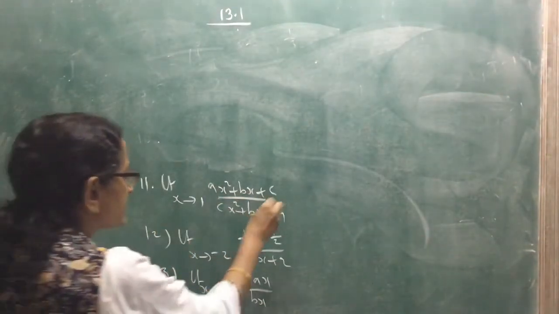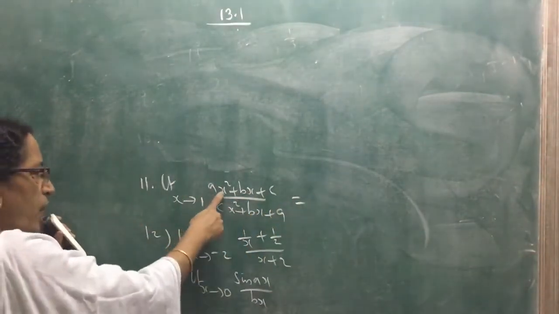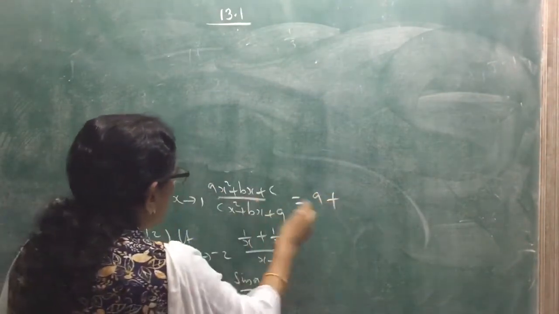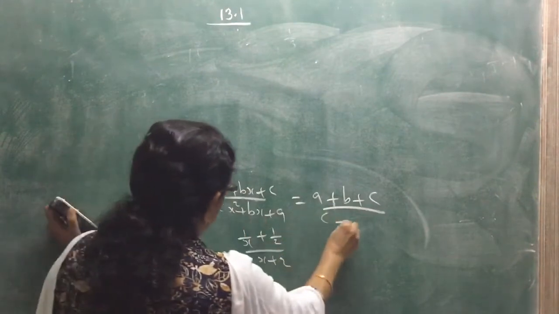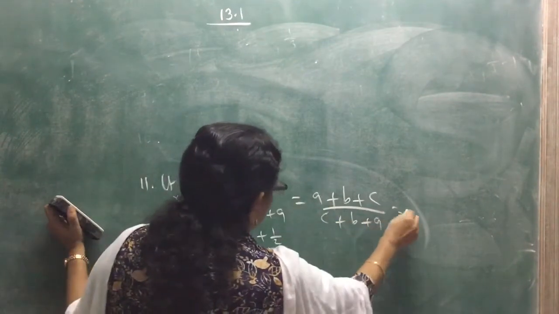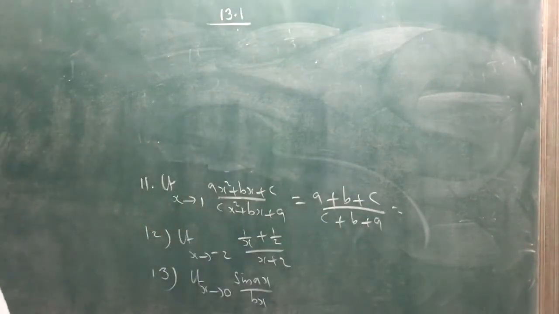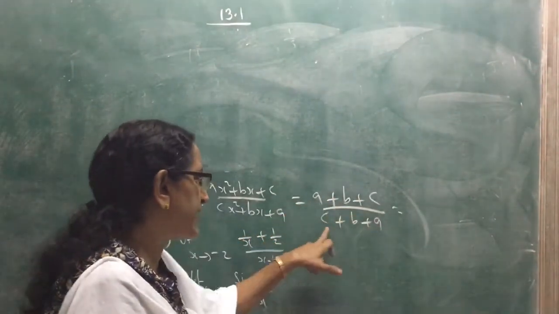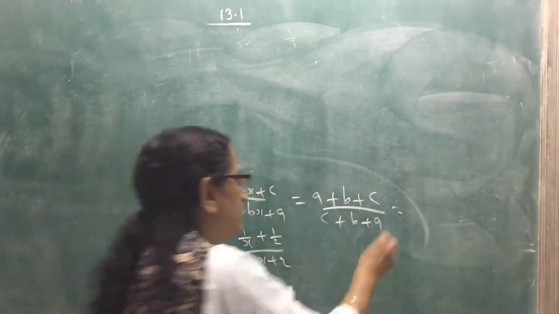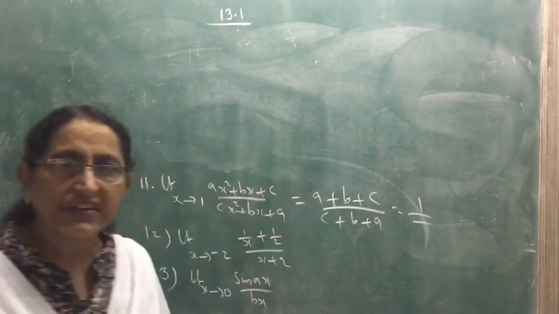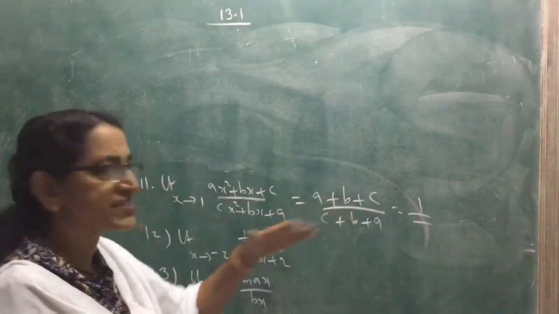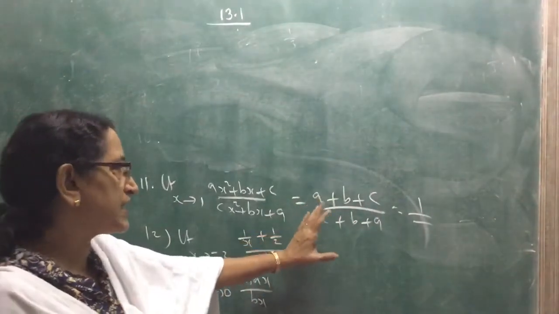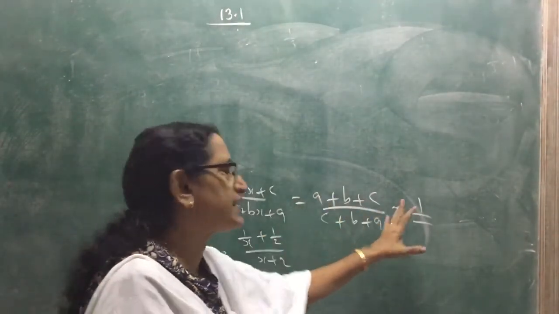When we substitute x equal to 1, what do we get? a into 1, a, plus b into 1, b, plus c, divided by c into 1, c, plus b plus a. So numerator and denominator are the same: a plus b plus c divided by a plus b plus c, that is equal to 1. Given that a plus b plus c is not equal to 0, the denominator is not 0, so dividing, we get the answer 1.